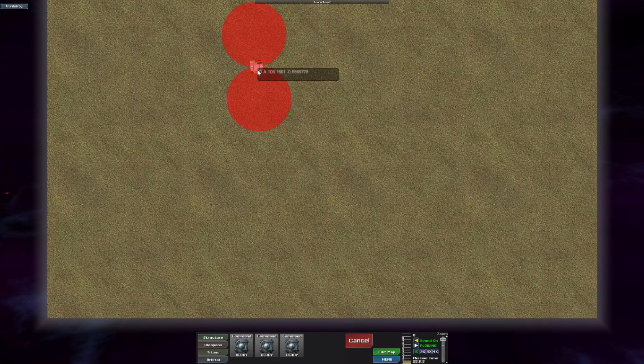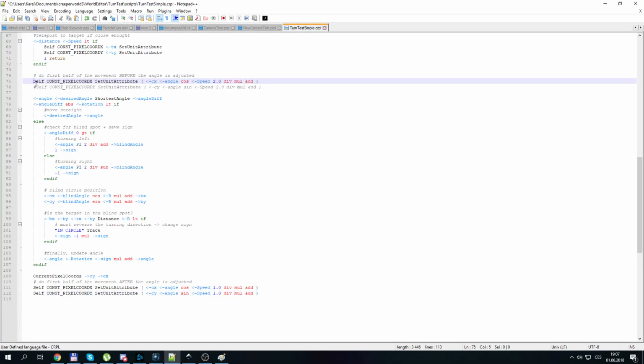Yeah, did you see that? Yeah, now it's completely out of place. Because again, the calculation is slightly wrong. So if the point is very close like this, the calculation cannot work as intended. So that is why I'm moving the unit only half of the speed before I adjust the angle and half of the speed after.